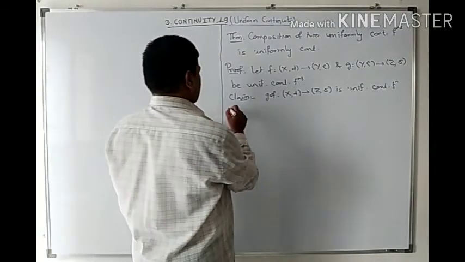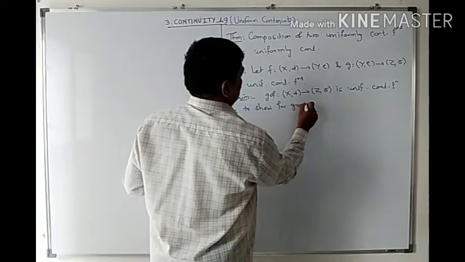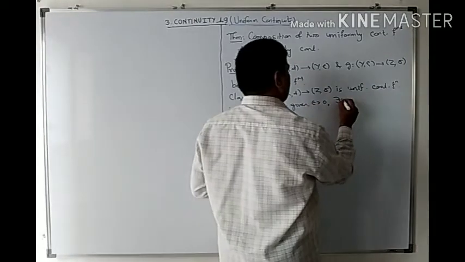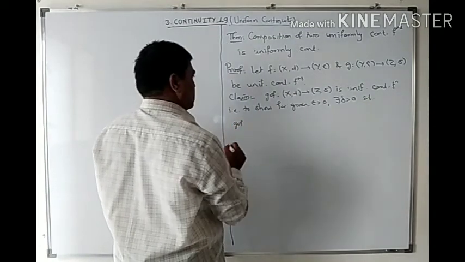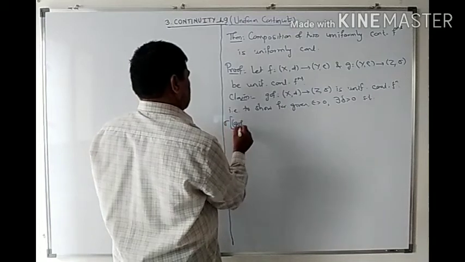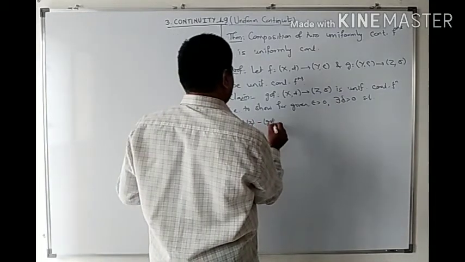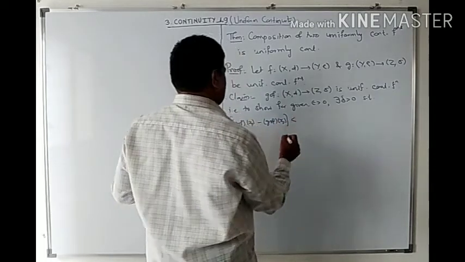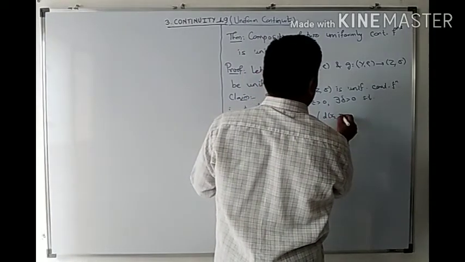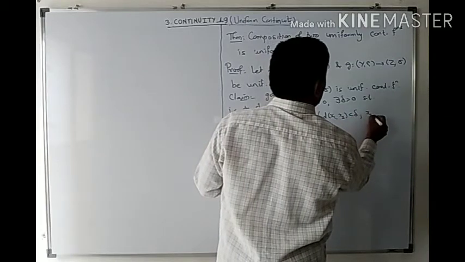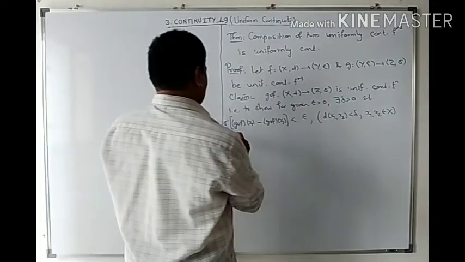That is, to show that for given epsilon greater than 0, there exists some delta greater than 0 such that sigma of (g composite f)(x1), (g composite f)(x2) is less than epsilon whenever d of x1, x2 is less than delta, for any two points x1, x2 belonging to X. This is our aim. So fix epsilon greater than 0.